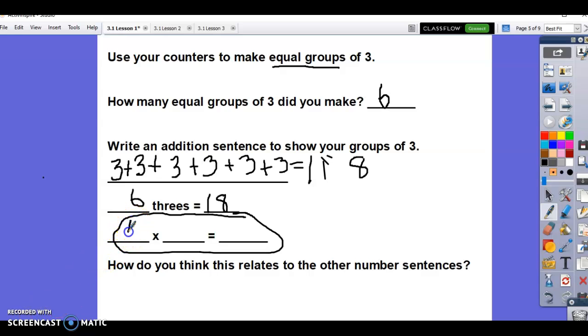We would have 6, we had our 6 groups, there were 3 in a group, so now we have 18. So 6 times 3 equals 18, okay?